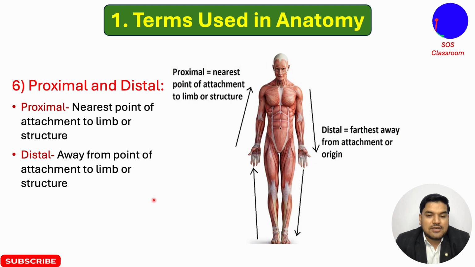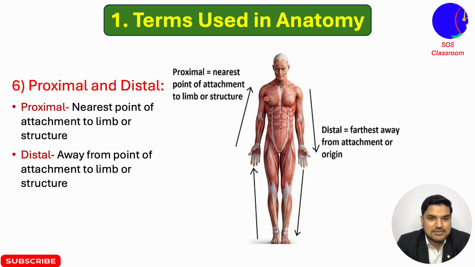Next are the proximal and distal positions. These are medical terms. Proximal means the nearest point of attachment of your limb or structures. Proximal means near your trunk. This is your trunk area, and proximal means nearby the body, and distal means away from the body or away from the attachment of your limb or structures. For example, this is the upper limb and this is your lower limb.